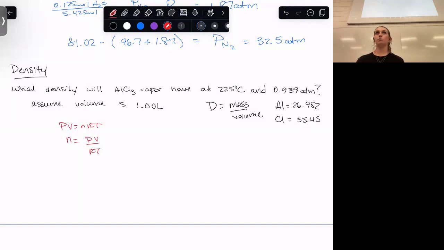Right, so essentially for this one, you know that your volume is 1. So you can solve PV equals nRT for n over V, because that would be moles over volume instead of mass over volume, but it's pretty close. It is equal to P over RT.